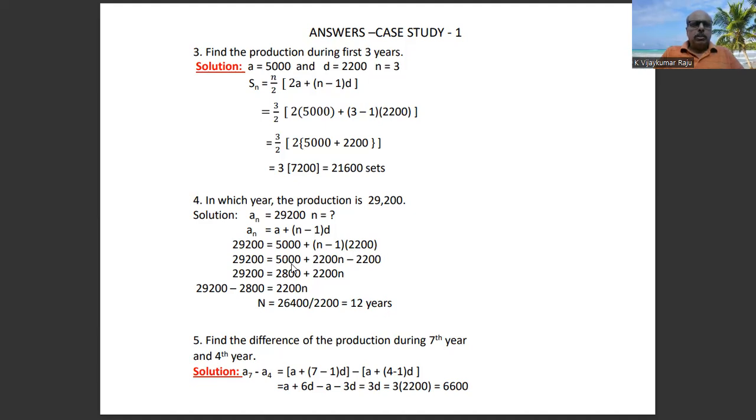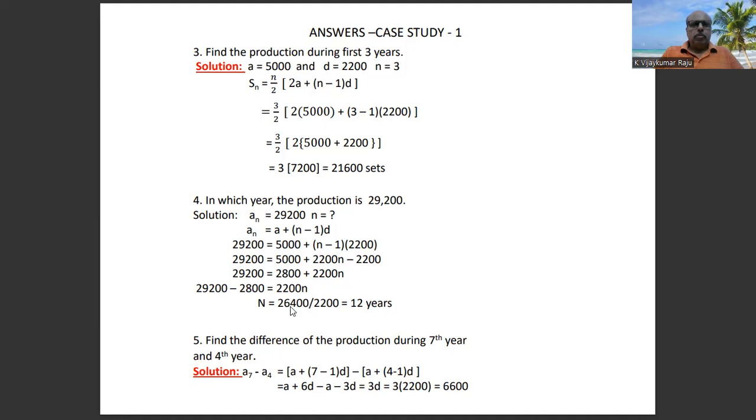So 29,200 is equal to 5,000 plus 2,200 into n is 2,200n minus 2,200. Let's subtract 5,000 minus 2,200, you'll get 2,800 plus 2,200n. Take this 2,800 to the left side. 29,200 minus 2,800 is 2,200n.